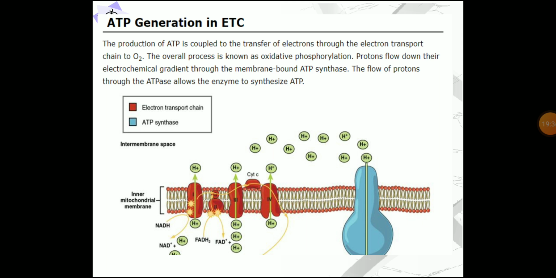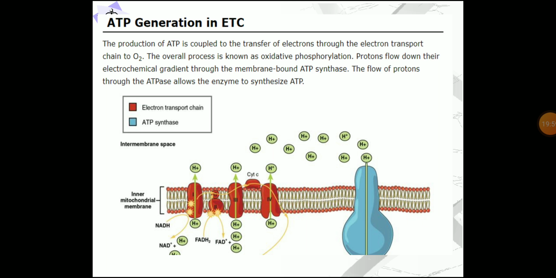So the components 1, 2, 3, 4, and finally 5 also you can mention, or draw the diagram carefully with all these components neatly written and drawn, and you can color the mobile carriers, coenzyme Q and cytochrome C, and almost all the other components in the same color.